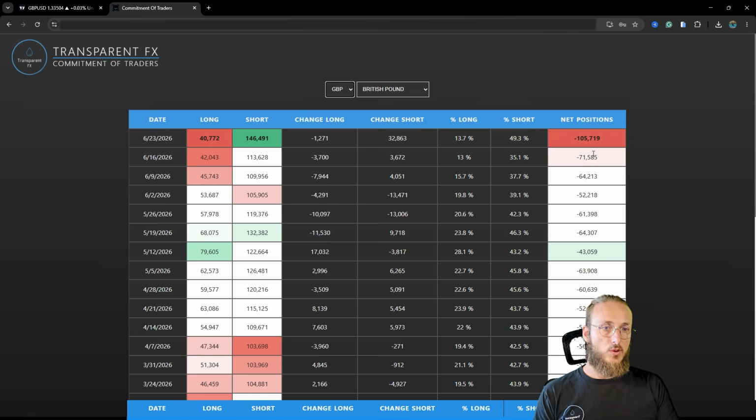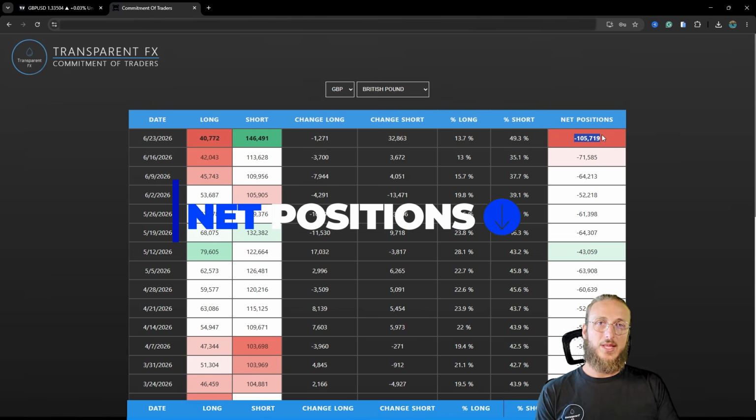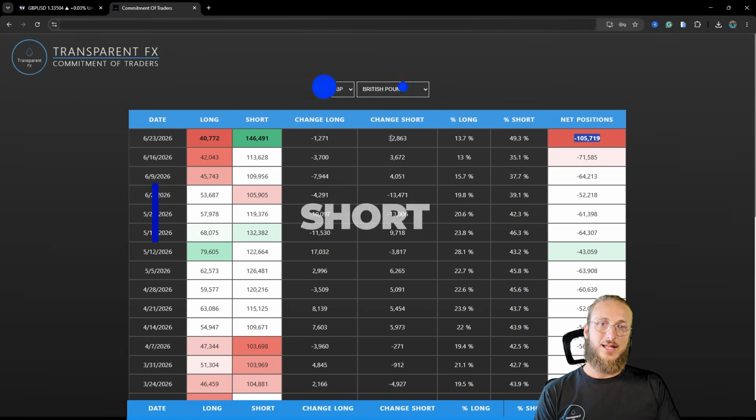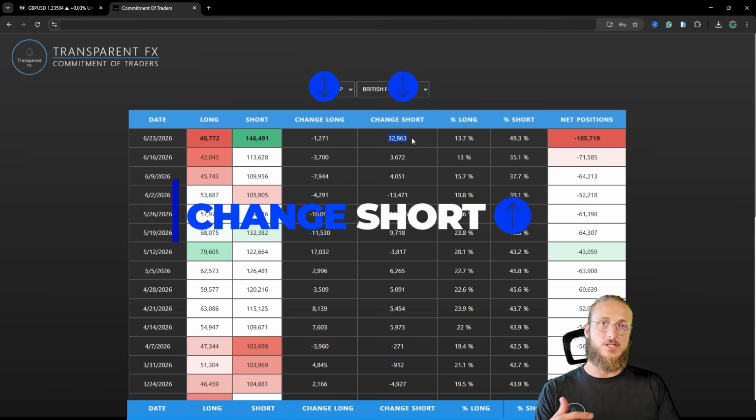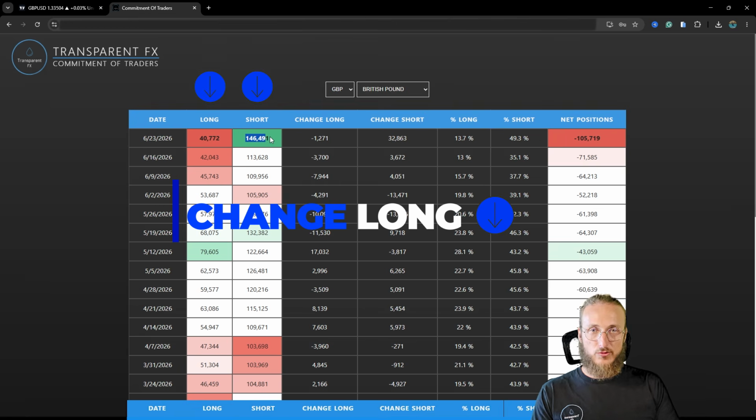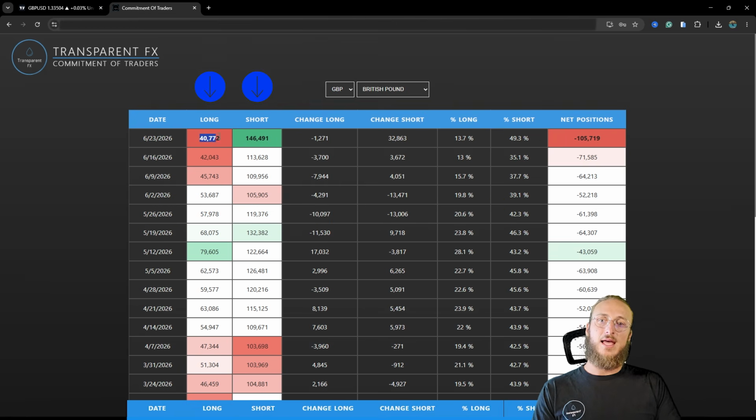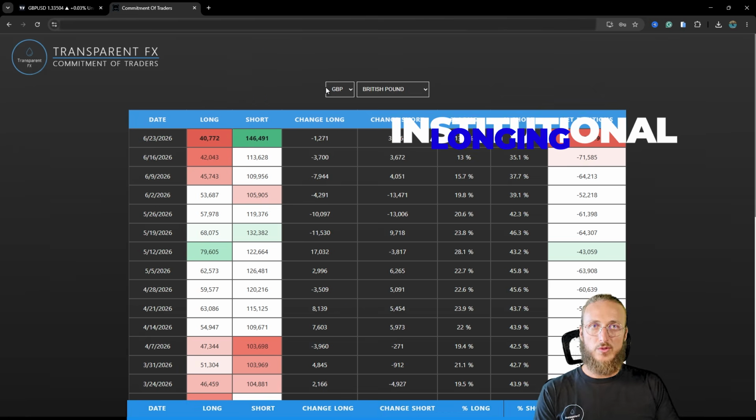We can notice how we went from around minus 43k net positions all the way down to now minus 105k net positions, with another 32,800 shorts added just with the last report, 1,200 longs getting closed, bringing the total shorts to 146.4k and longs at 40.7k. So there's a lot of institutional selling pressure on GBPUSD at the moment.